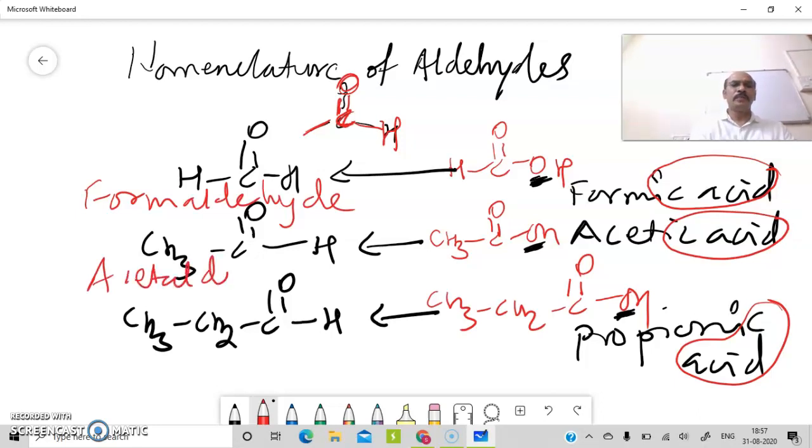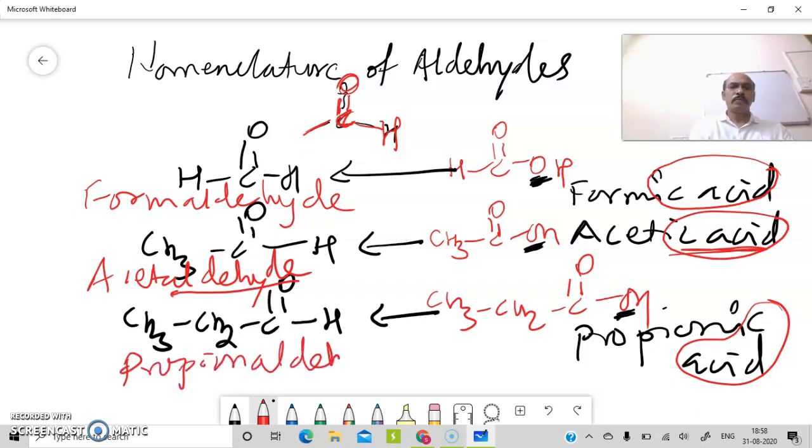It will be acetaldehyde. From acetic acid, ic acid is replaced by the word aldehyde. So here what will it be? Propionaldehyde. Propionic acid is replaced here by aldehyde.